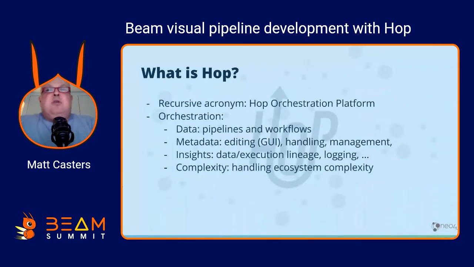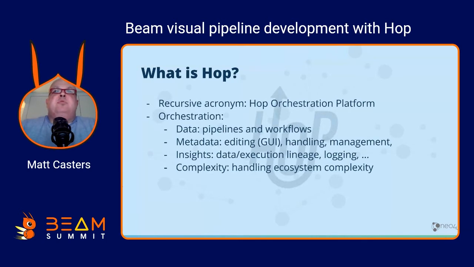So Hop is not based on a beer component, but it's simply a recursive acronym. The Hop Orchestration Platform was mainly designed to be short and impossible to misspell. So we're doing data orchestration, which means that for data we run not just pipelines, but also workflows, parallel data processing, step-by-step logic, serial sequential execution, and evaluation of results, stuff like that.